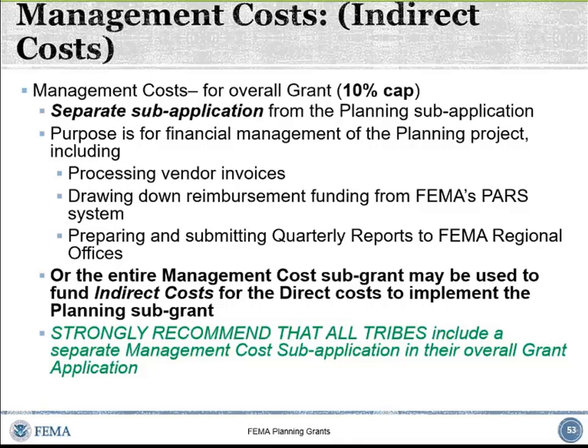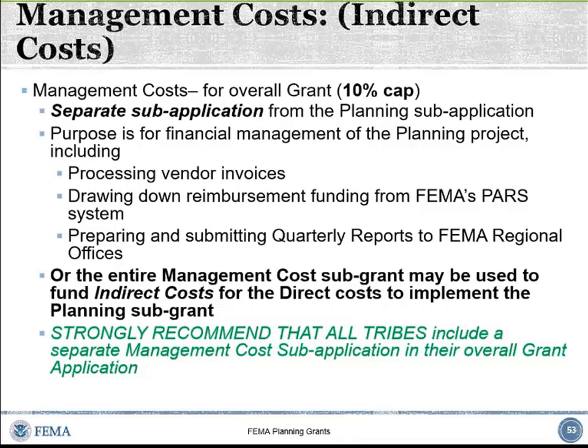We will not pay indirect costs as part of a standard planning sub-application budget, but we will pay indirect costs through the management costs budget. The management cost is capped at 10%. That's not a 10% indirect cost rate. That's just saying that you calculate your indirect costs, and up to 10% of your total grant application you can put in that management cost budget as indirect cost rate recovery.